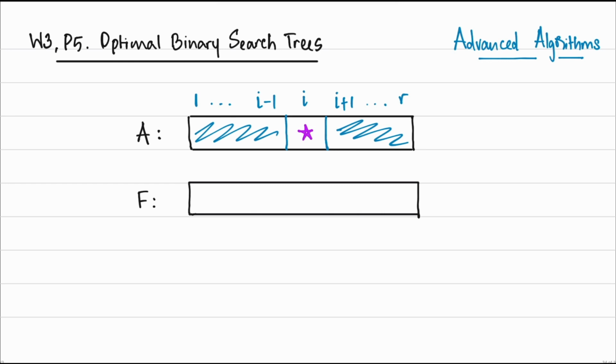But when you zoom in to this left subarray here, and you're working with the subarray that starts at 1 and ends at i minus 1, here you try to again second guess the root.